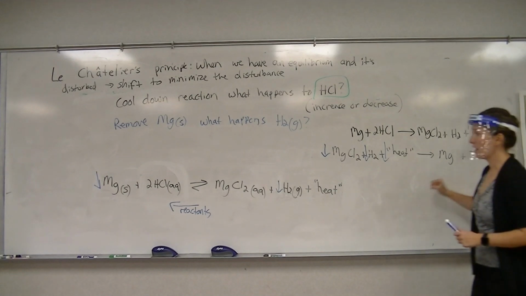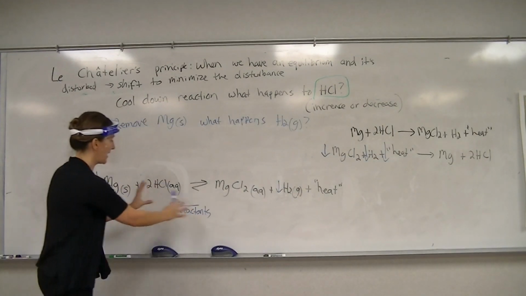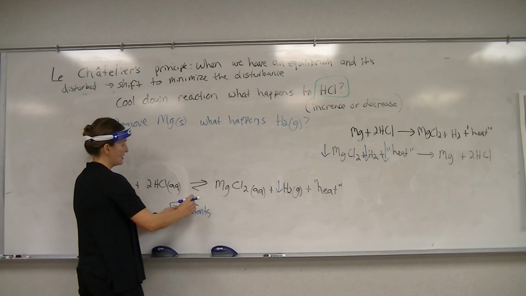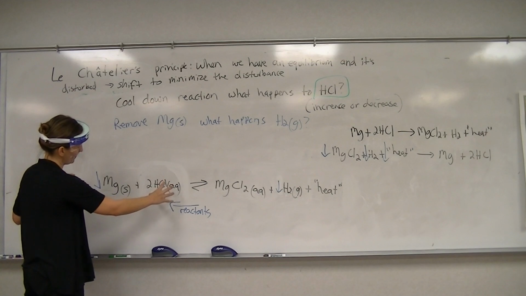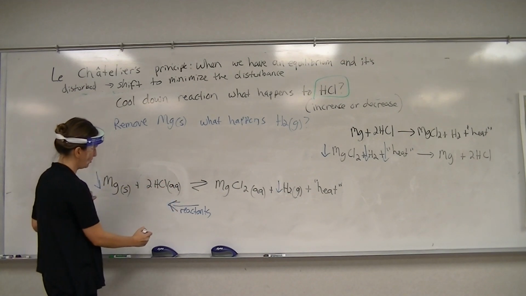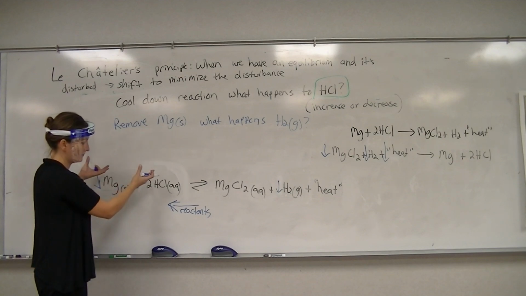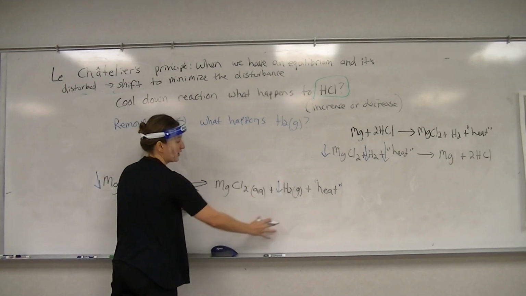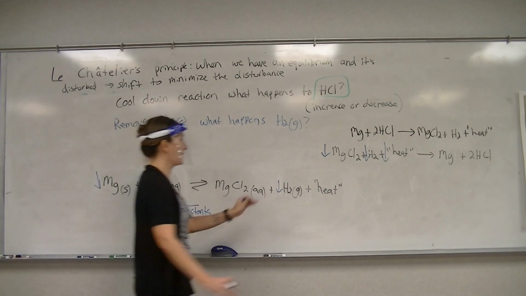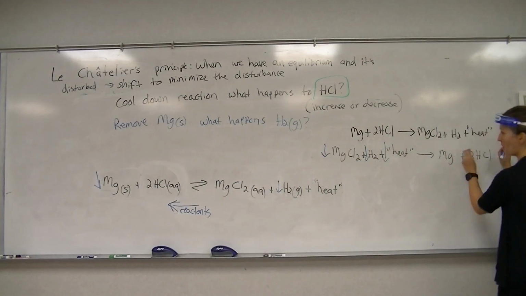So you're just seeing which way am I going. And whichever way you're going, the reagents on this side of the arrow are going to be increasing. The reagents over here are always going to be decreasing. So think of it like a normal reaction: I'm using these up to make more of this.